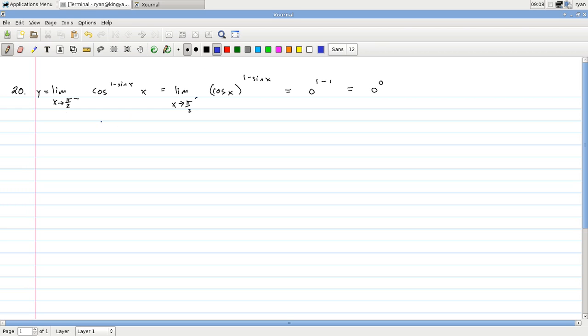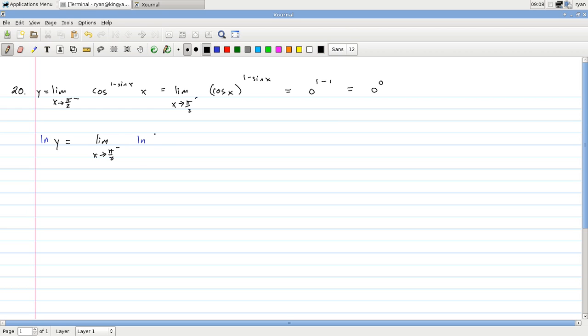So we'll start this by taking the natural log of both sides of this equation. So we've got the natural log of y equals the natural log of the limit as x goes to pi over 2 from the left. And then, because the natural log is continuous, we can bring it inside the limit.